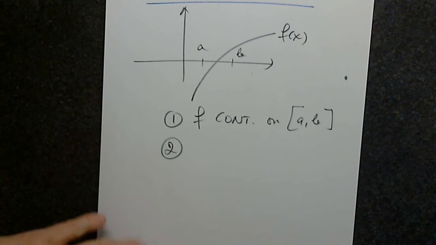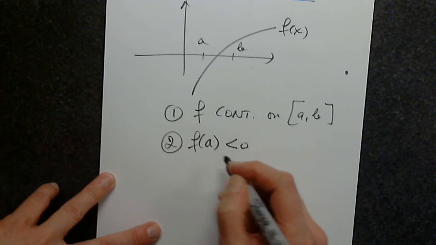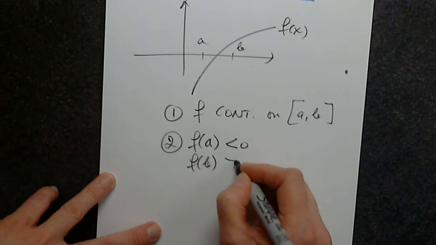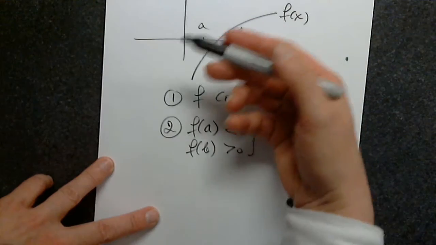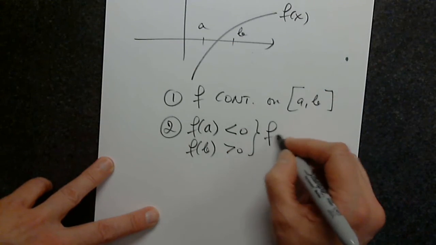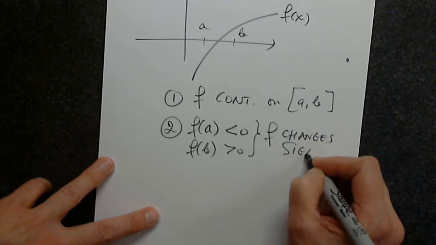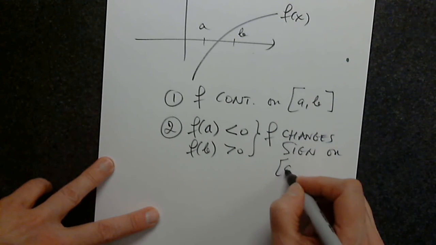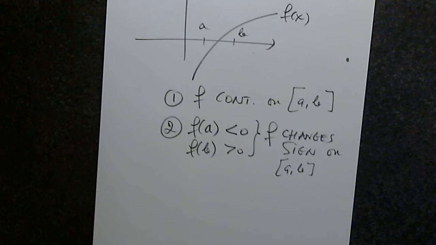Okay, so now I'm going to say this. f of a is less than 0 and f of b is greater than 0. In general, because it could be the opposite, f changes sign on the interval a comma b. Would you agree with that?